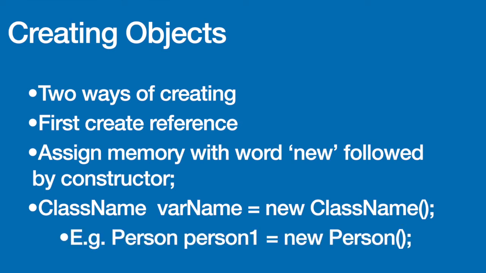So for example, if you have a class called person and you define the identifier to be person1, then you initialize the person class with the person constructor preceded by the new keyword. This will create a new object called person1. We can also create another object called person2 with the same syntax.